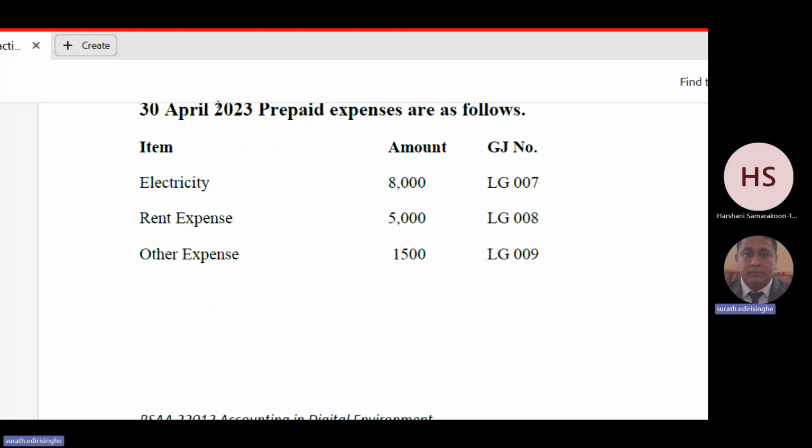Also, in reality, you cannot prepay electricity and water. This kind of entity is not available in Sri Lanka. Actually, we pay after 2-3 months. But anyway, you have to learn the correct accounting, no? Right, student.